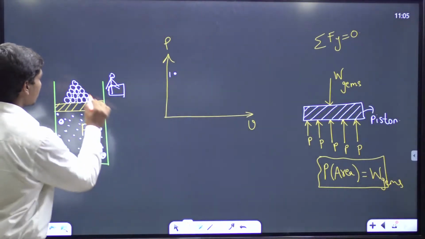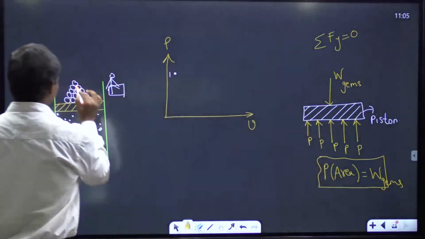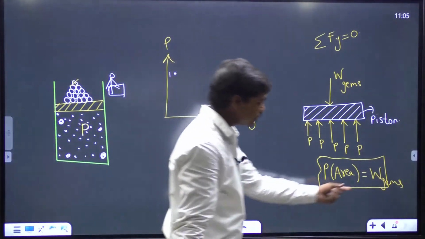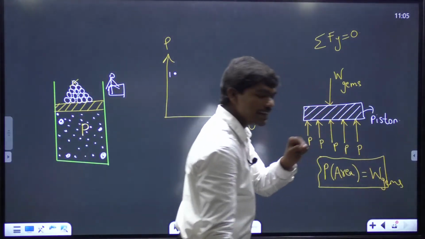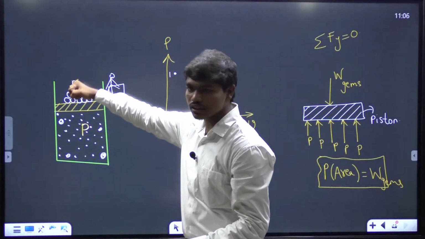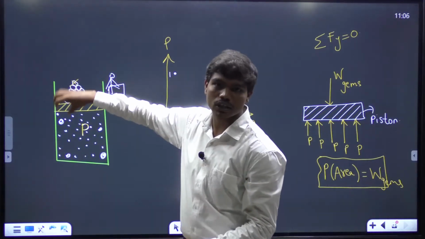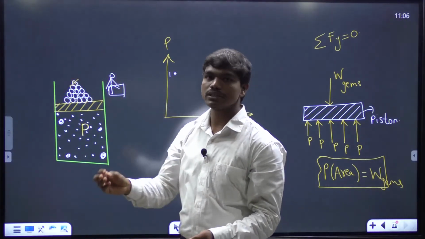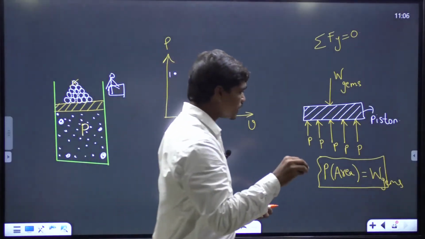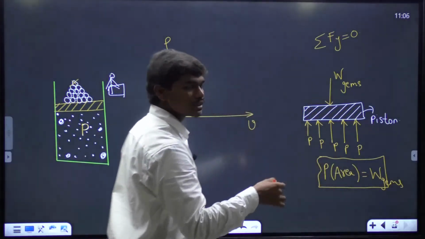So by the time you eat the first jump, let us suppose you finished this first jump that is lying here, then what happens? The weight on the piston decreases, correct? Because whatever jumps are here are exerting some weight on this piston. So by the time you eat the first jump, the number of jumps lying on top of the piston decreases, which means some weight on the piston decreases. Then what happens? The pressure decreases. How is this pressure decreased?